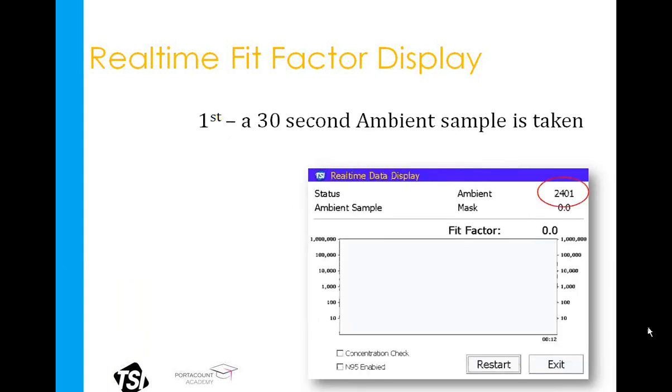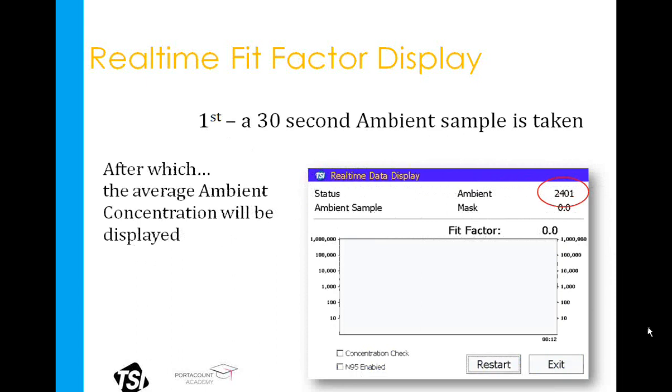When the Real-Time Fit Factor display is first opened, it will start taking a 30-second long ambient sample. This will be displayed in the upper right-hand corner. After 30 seconds, it will display the average ambient concentration seen.